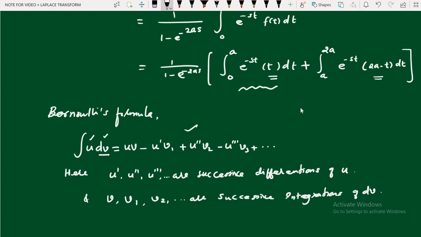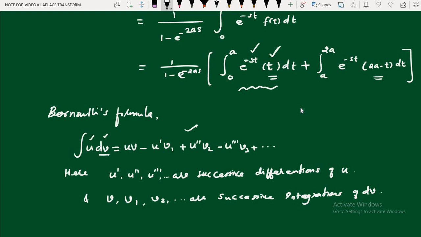Here we have to use one idea to choose which function is u and which function is dv. Two functions are involved: one is an exponential function, the other is an algebraic function. The variable is t, and t is not inside any function such as exponential, sine, cos, log or inverse. T alone, t square, t cube, 2a minus t, like that, are called algebraic terms.